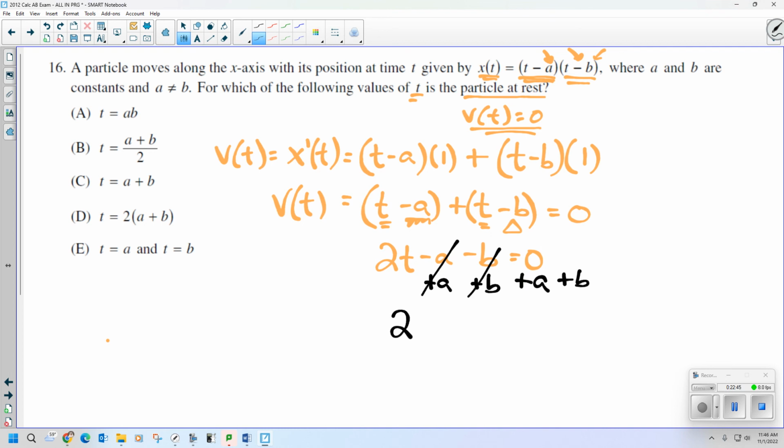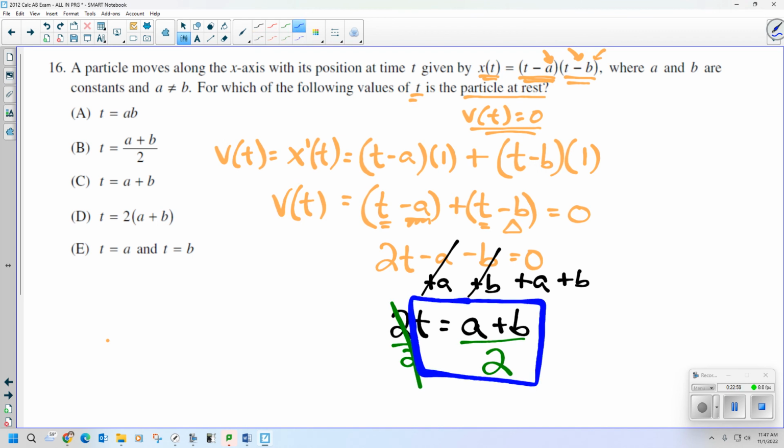We get 2t equals a plus b. And last but not least, let's divide by 2. Bam. t is equal to a plus b over 2. That's choice B. Now, that wasn't that difficult. I just don't like it when there are two unknowns, both constants, blah, blah, blah. I really complained prematurely. That was pretty simple.